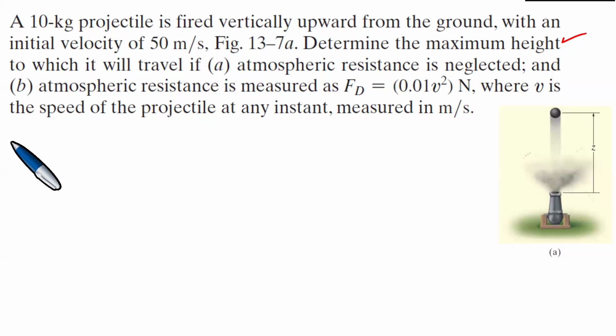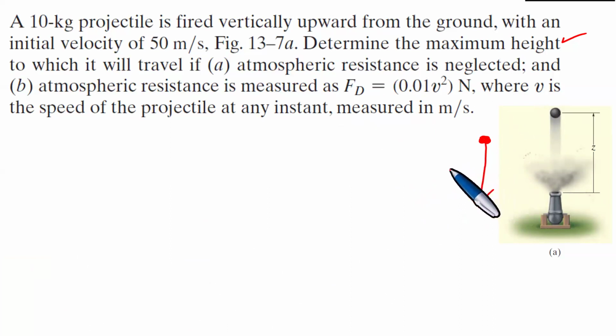Right, so there are a couple of things that you need to take into account. Here is a projectile you can just draw as a particle like this. What a projectile experiences is only one force, if we are saying in part A that atmospheric resistance is neglected. So there is no resistance in the atmosphere, and the only force acting on the projectile is its weight.